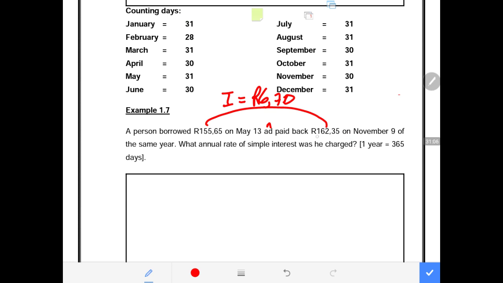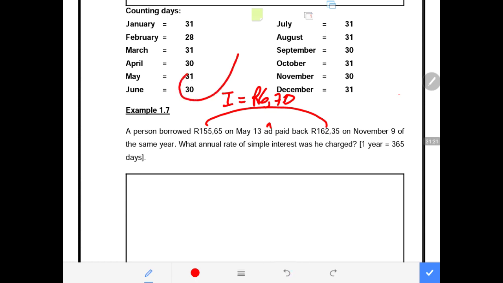And it says he paid back this on the 9th of November. That means in November, in that month, he made the payment, and the borrowing took place on the 13th of May. So we need to calculate the days from the 14th of May. That means we exclude the 13th day that he borrowed the money.